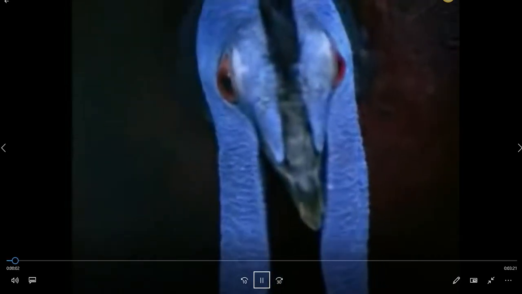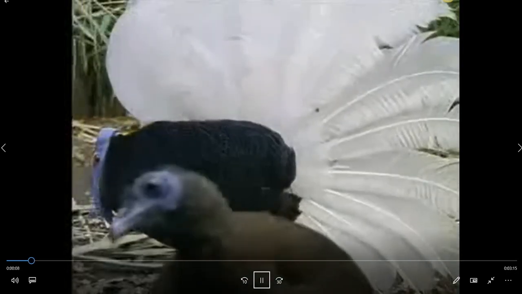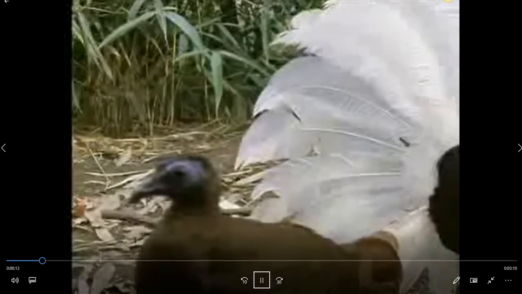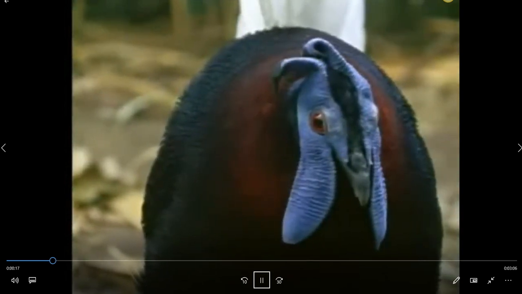This is Bulwer's pheasant, and he has got spectacular wattles. He's impressive enough when he's going about his normal business, but when she is around, he gets very excited indeed. Ooh la la.